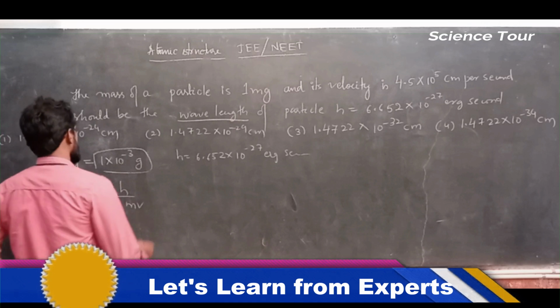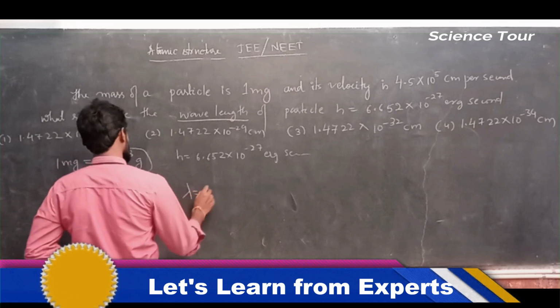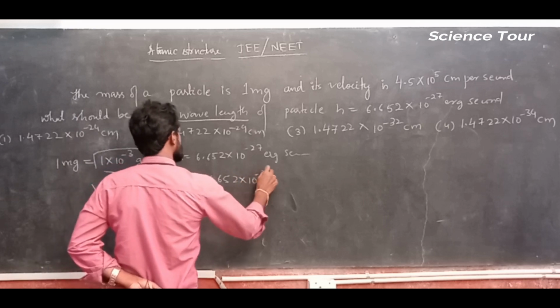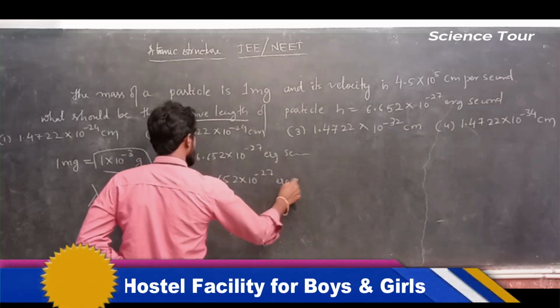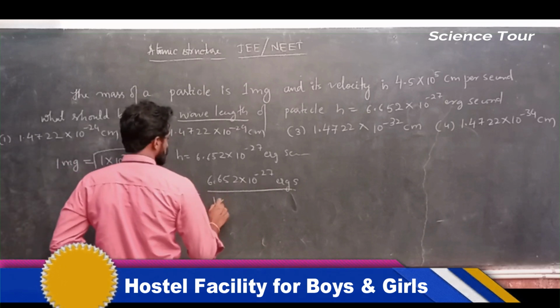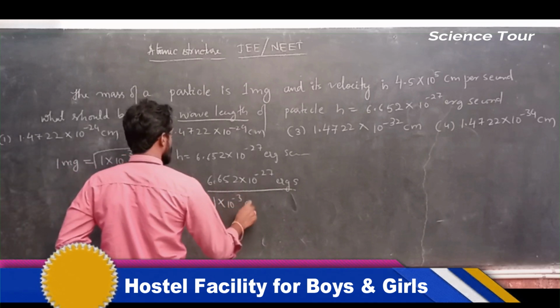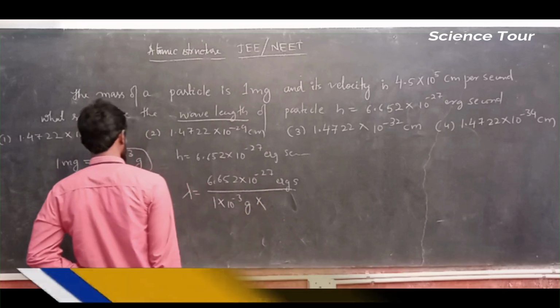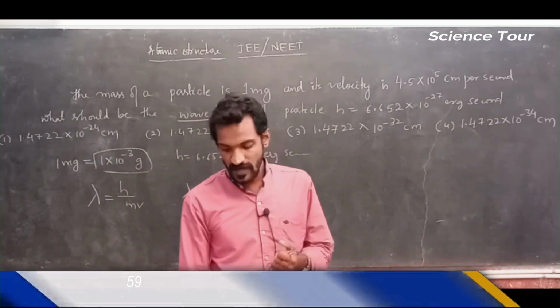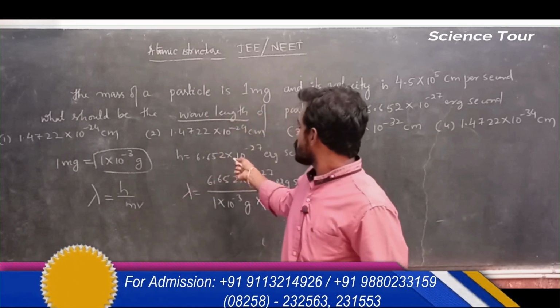Mass is given. So lambda is equal to h, 6.652 into 10 to the power minus 27 erg second, divided by mass, 1 into 10 to the power minus 3 gram, into velocity. Is velocity given in this one?